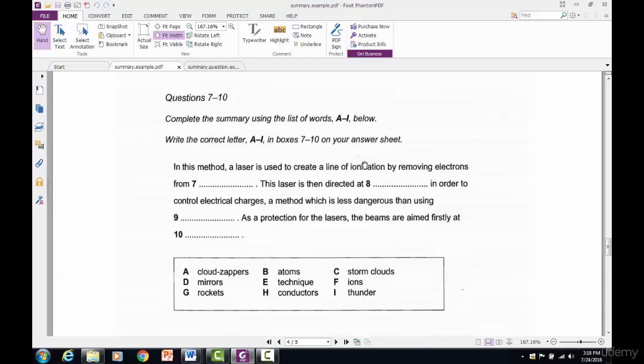I would circle those keywords and then go and do my multiple choice and fill in the blank questions.